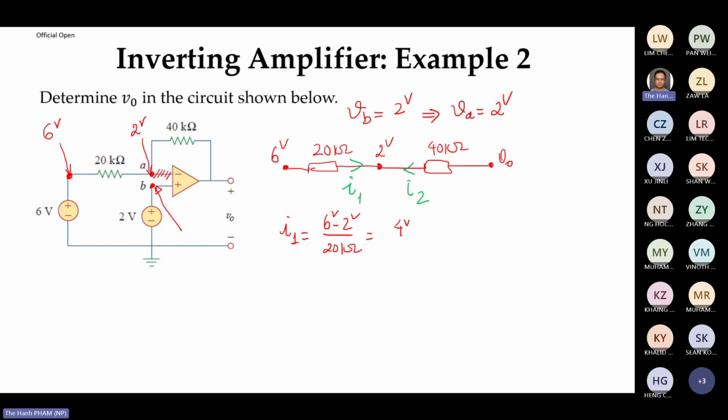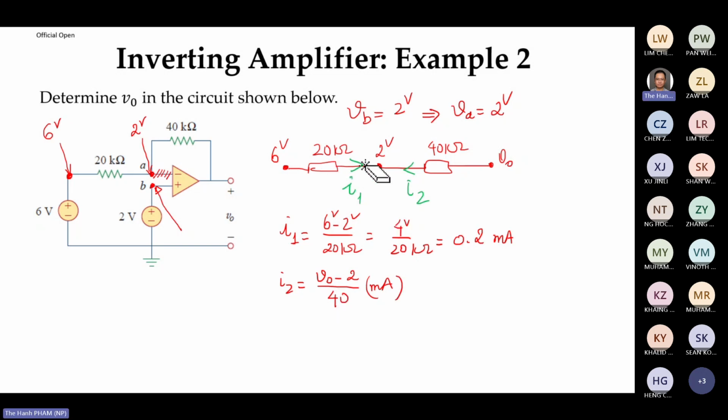So you have 4 volt over 20 kilo. So here you have 0.2 milliampere, right? Yes. And your I2 should be Vout minus 2 over 40 milliampere. This one is milliampere.